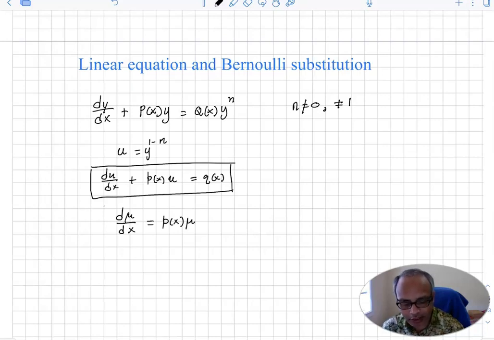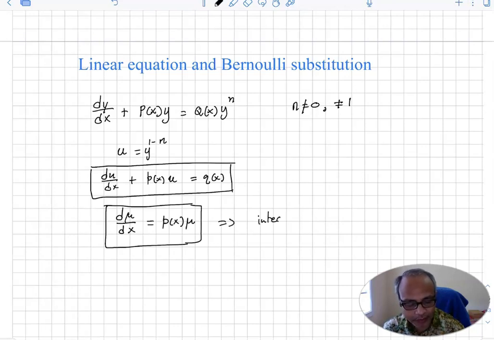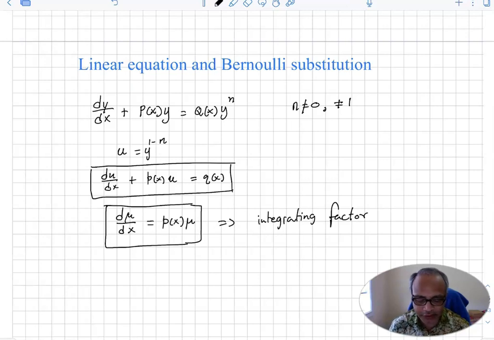This will give you the integrating factor. This first order differential equation, d mu dx equals p mu, is easy to solve. Mu is e to the power integral of p dx.